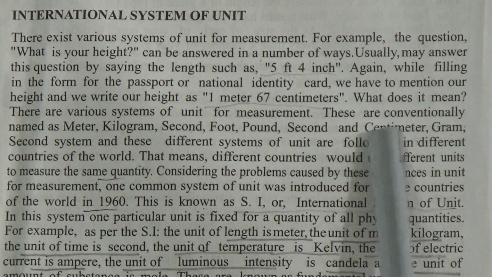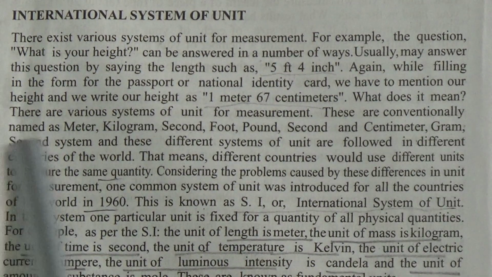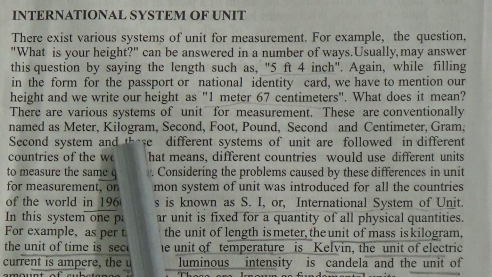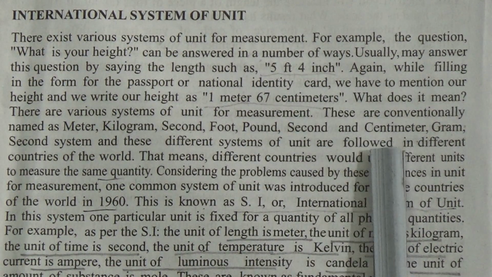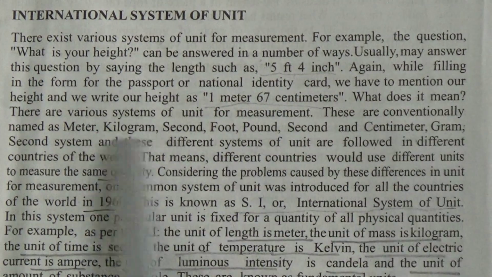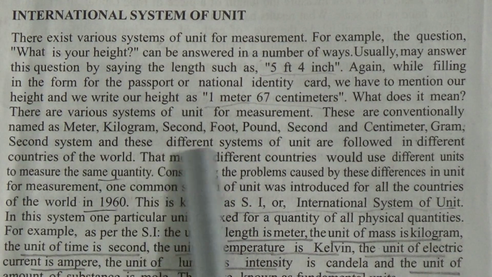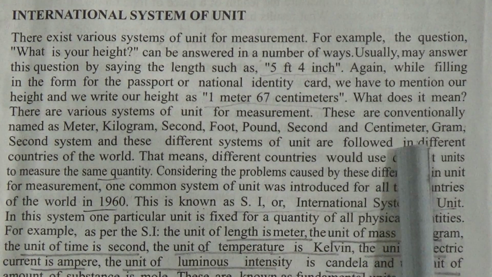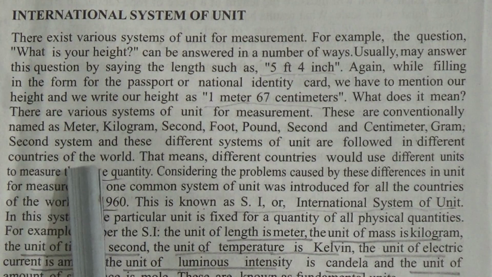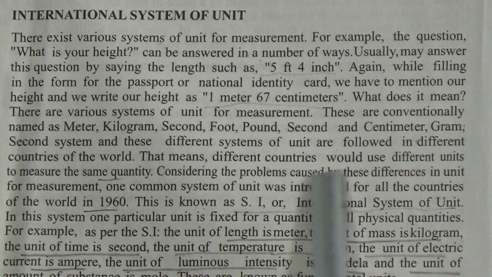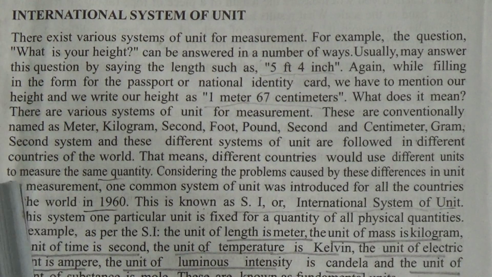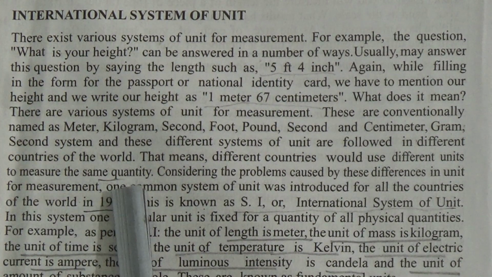These are conventionally named as meter, kilogram, second, foot, pound, second, and centimeter, gram, second system, and these different systems of unit are followed in different countries of the world. That means different countries use different units to measure the same quantity.